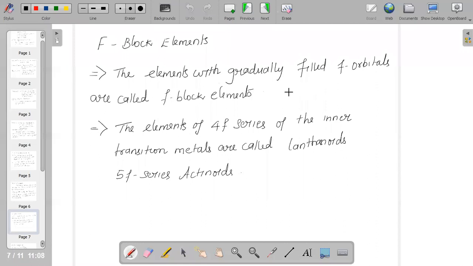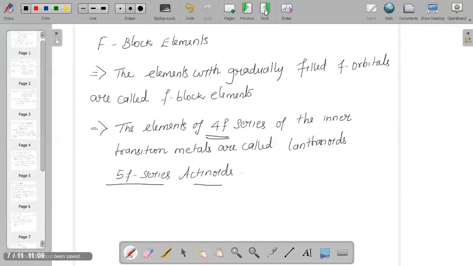The elements with gradually filled F orbitals, we call them F block elements. The 4F series of the inner transition elements are your lanthanoids, and the 5F series are actinoids.